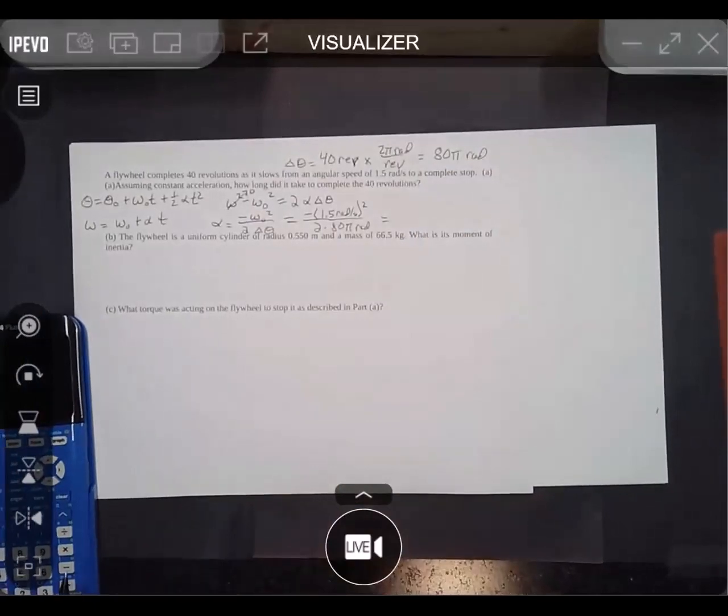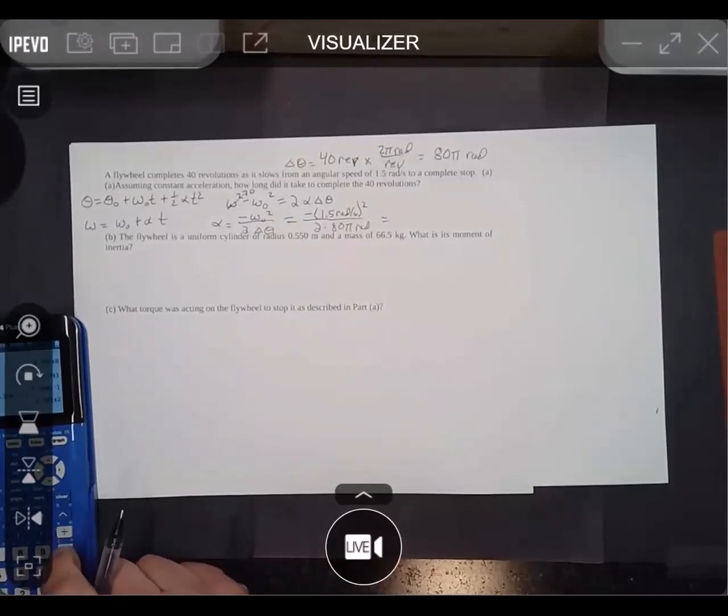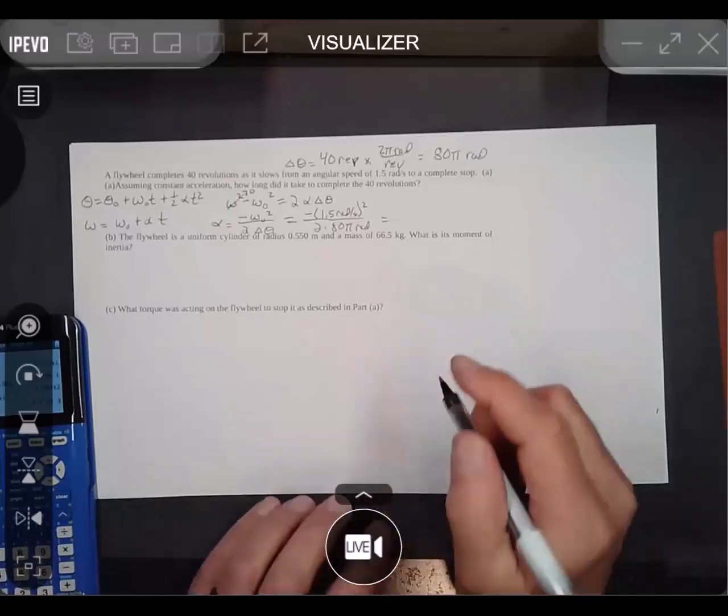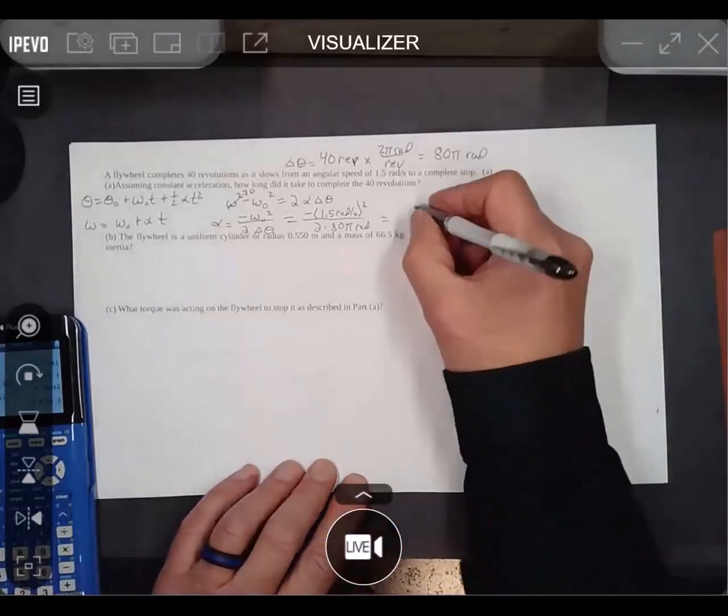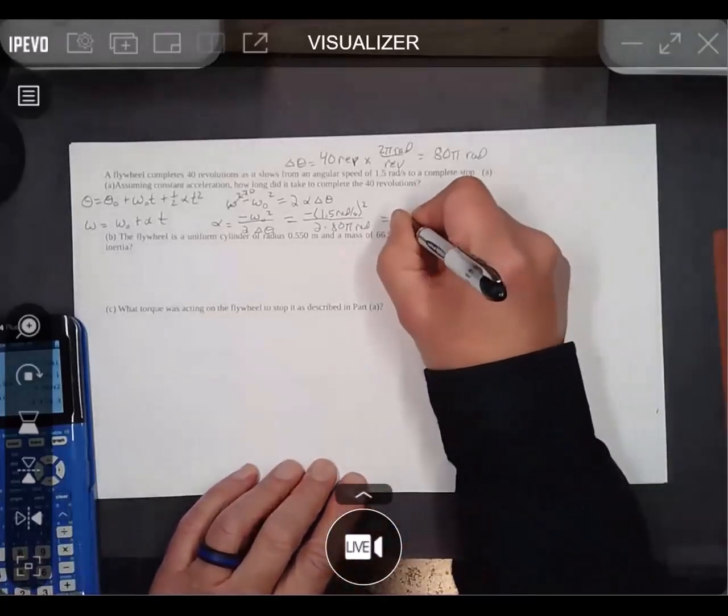And I get, let's see, we can only keep 2 sig figs.